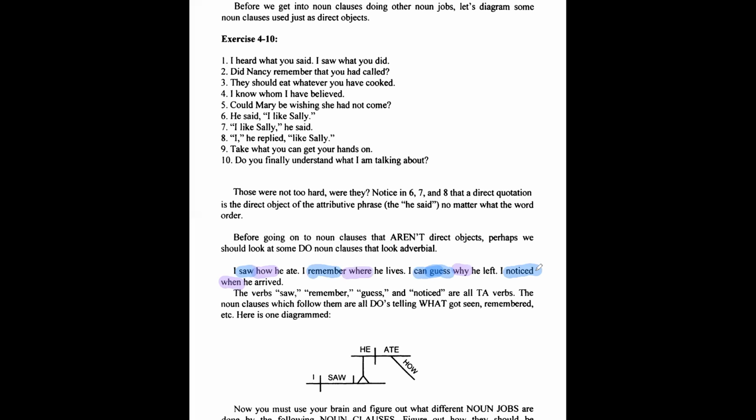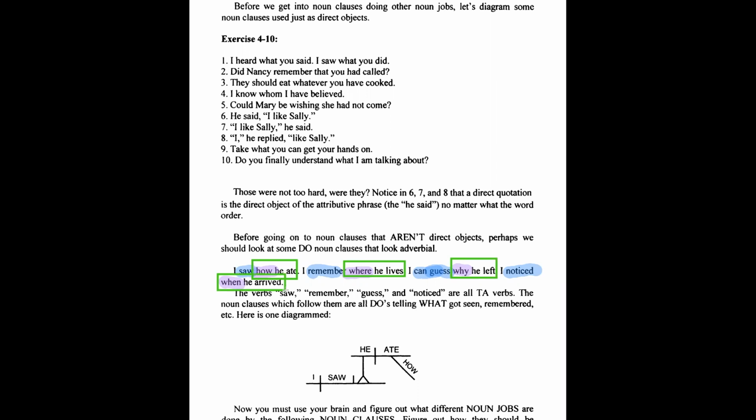I remember. What did you remember? Where he lives. I can guess. What can you guess? Why he left. I noticed. What did you notice? When he arrived. So all of these are direct objects, right? They fulfill the conditions for direct objects. Therefore, though they look like they could be adverb clauses, they're actually all noun clauses in the direct object place.